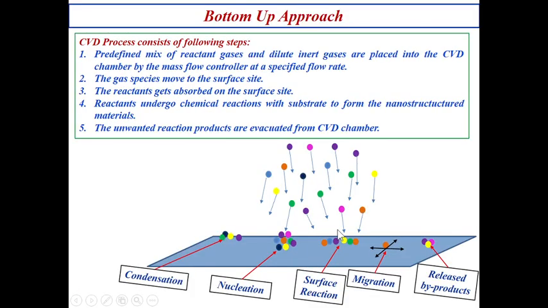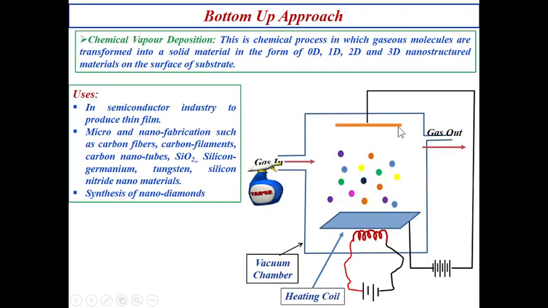Here you can see that this electrode is joined with positive voltage, and this substrate is joined with negative voltage. If we increase the voltage between these two electrodes, plasma can be formed, as we already discussed in sputtering. You can check that video.